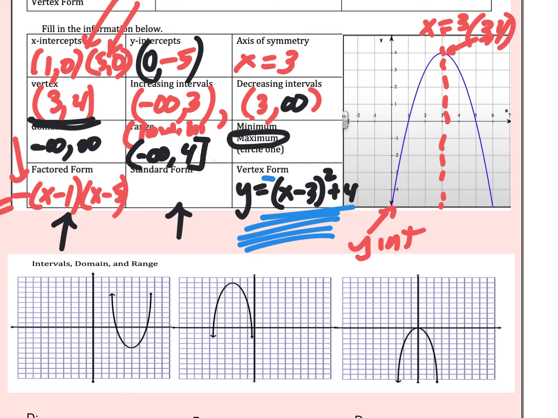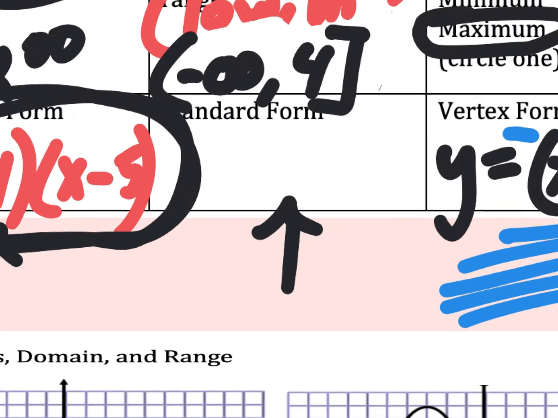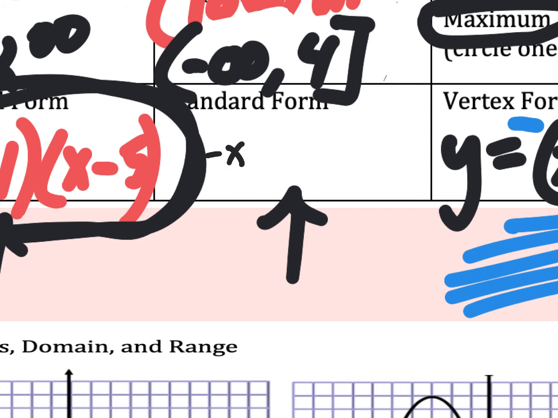So, multiplying this whole thing out, I'm going to call on a random person. This right here should be multiplied out. Person 4. That's you. Katie? Oh, okay. What'd you get when you multiply that out? I got negative x squared. I agree.